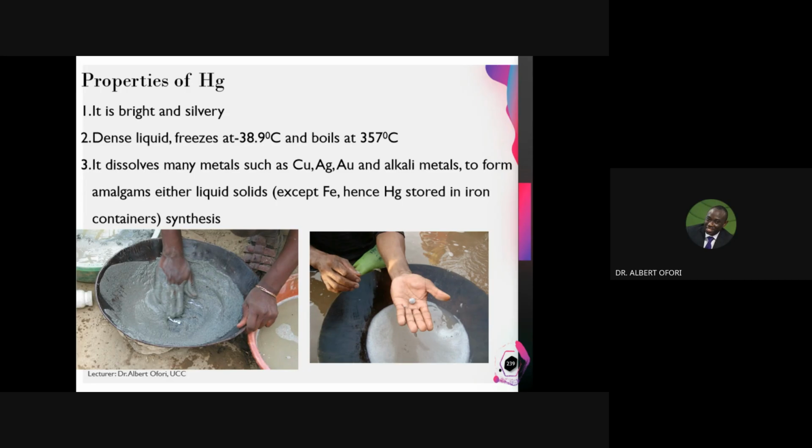It engages in other kinds of reactions, especially we use mercury in converting ketones to the straight chain alkane, which is the Clemmensen reduction.